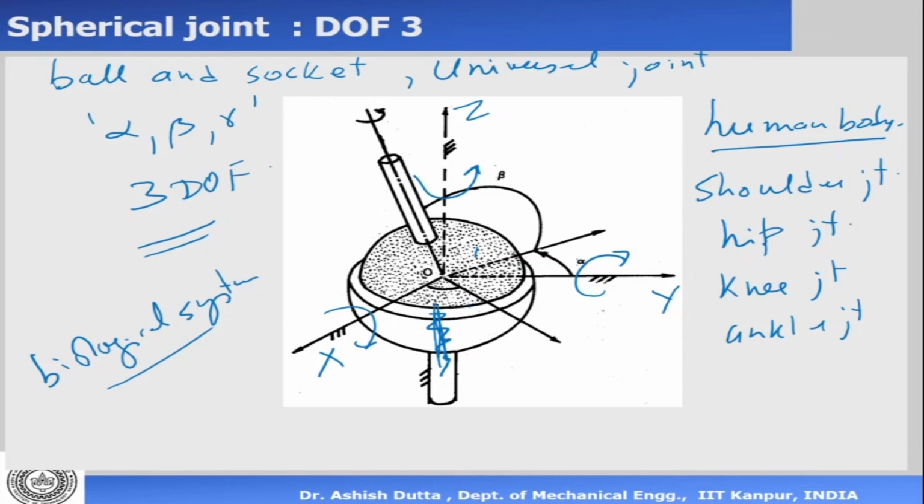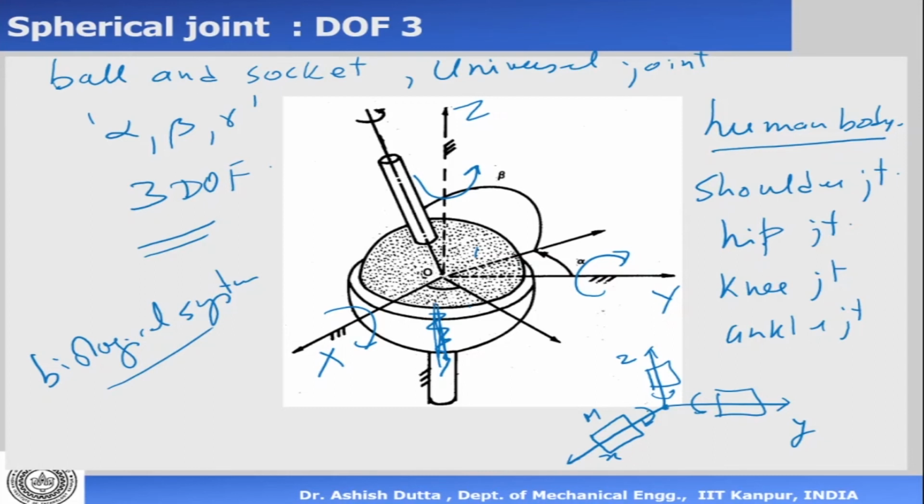The problem is the control. If you think a little bit, I have 3 axes: one axis like this, one axis like this, one axis like this, my x, y, and z axes. Now how am I going to actuate this joint? I'll put a motor. So there's one motor here, one motor here, and one motor there. This motor rotates like this, this motor rotates like this, and this motor rotates like that. Now all 3 motors are meeting at that point in the center.